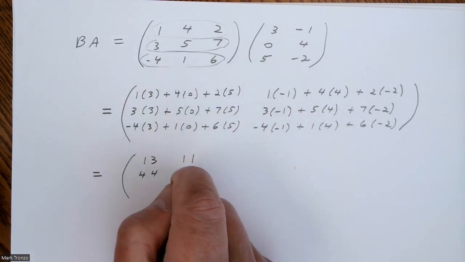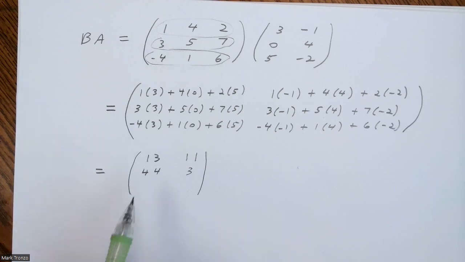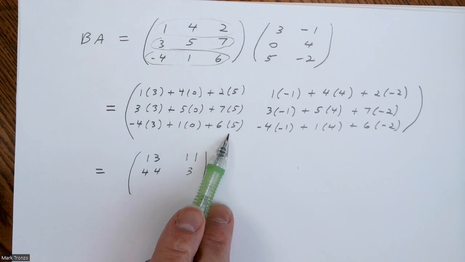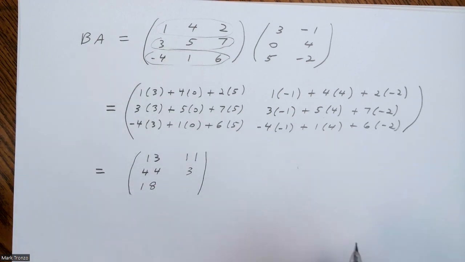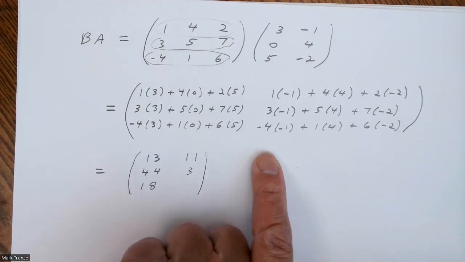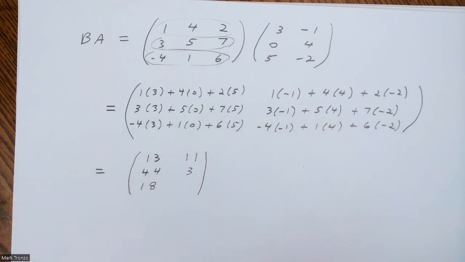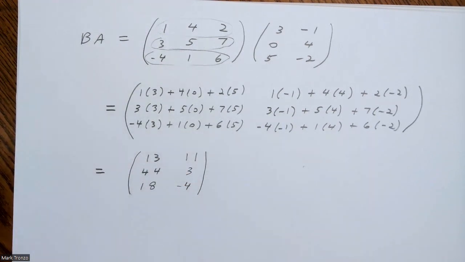Plus 20 leaves us 3. Minus 12 plus 0 plus 30 leaves us 18. 4 plus 4 is 8. Minus 12 is -4. And there we have it.